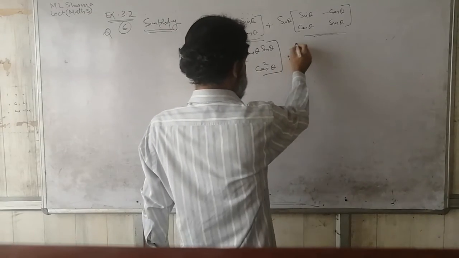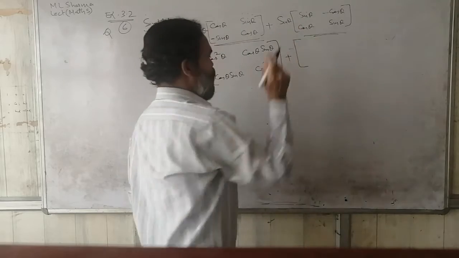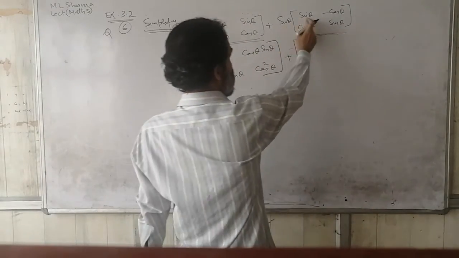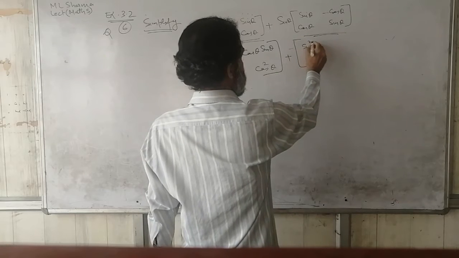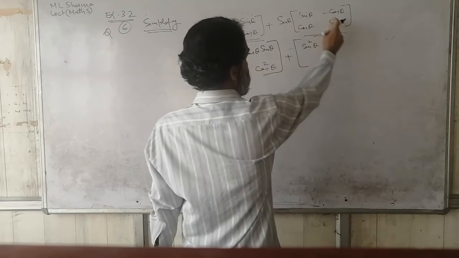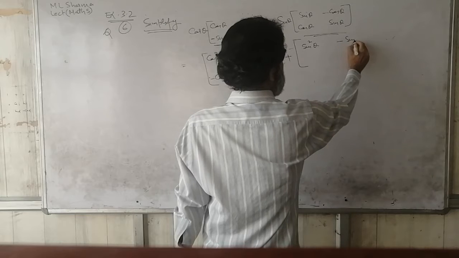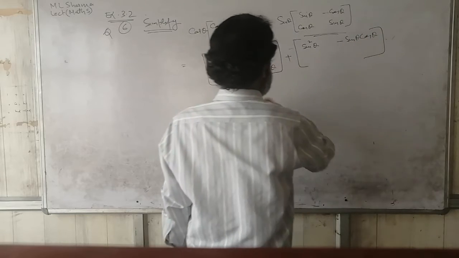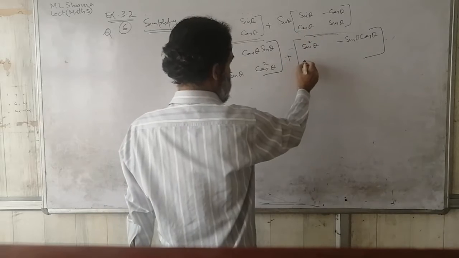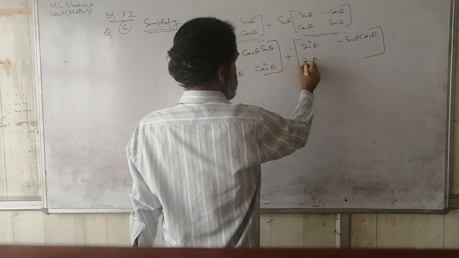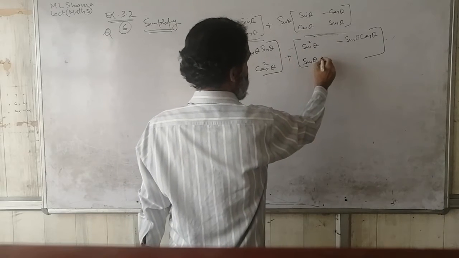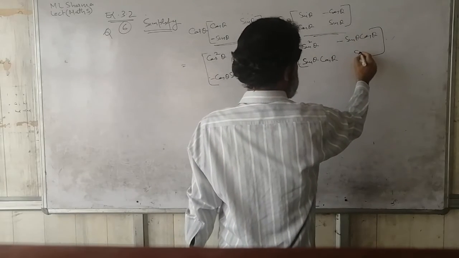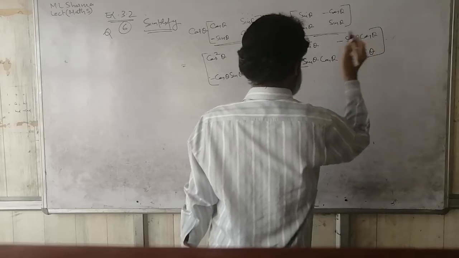In the same way, I have to multiply all the elements by sin theta. So it will be sin square theta, then minus sin theta cos theta, then in row second here sin theta cos theta and sin square theta.